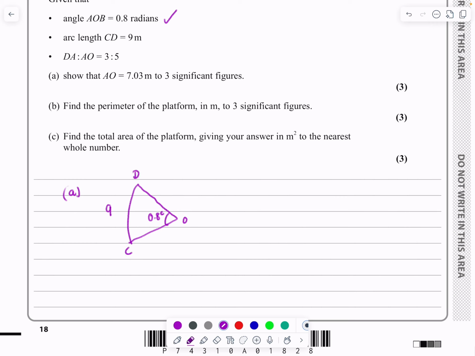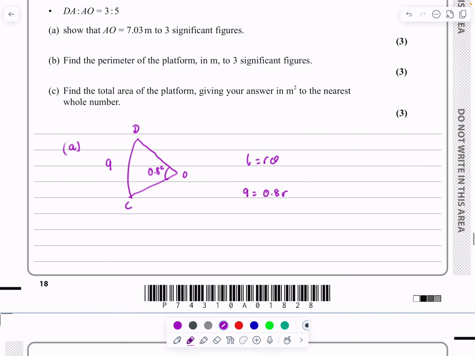And then I'm simply going to use my formula for the length of an arc. So L equals R theta. So 9 is equal to 0.8 times R. So I can work out what R is here. R is going to be 9 divided by 0.8, which is 11.25 meters.